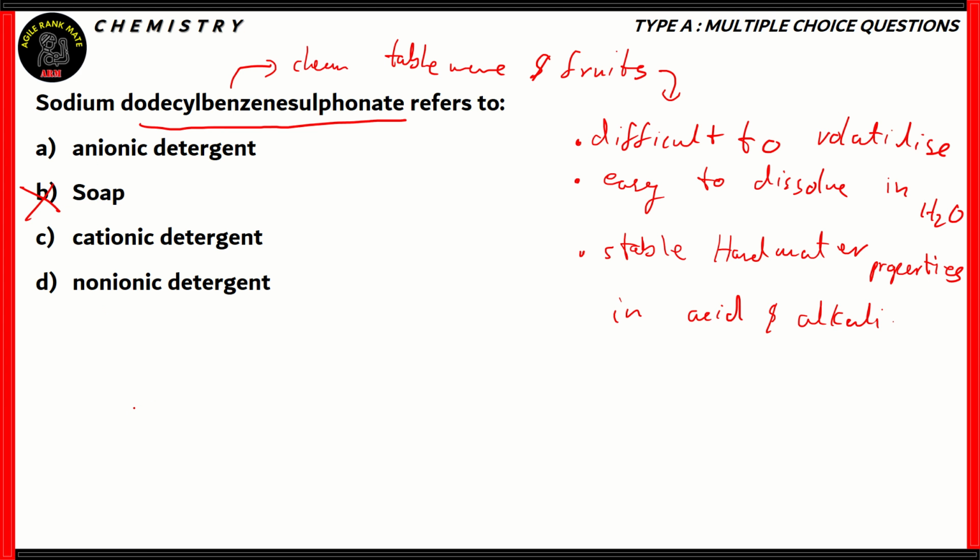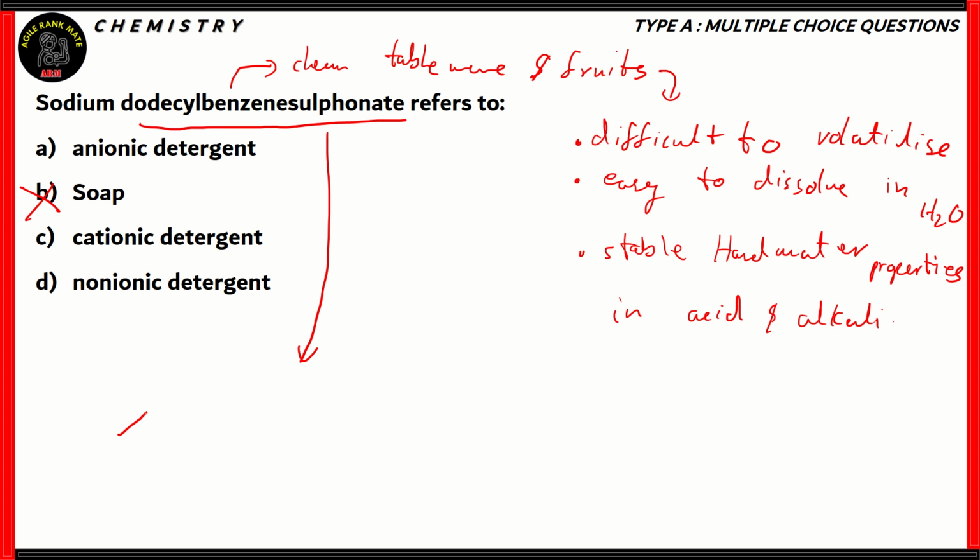So in order to better understand what we're dealing with, let's draw the structure of a dodecyl benzene sulfonate. Dodecyl means 12.